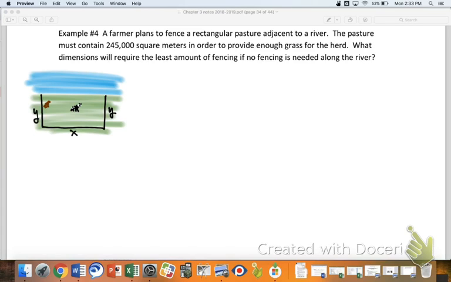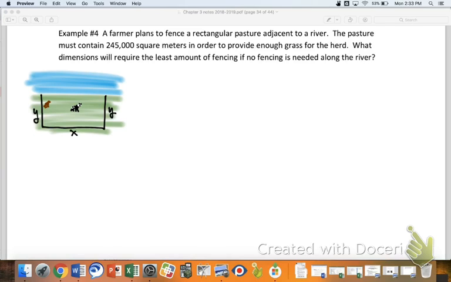But in order for us to match which side is parallel to the river and which side is perpendicular to the river, we do need a picture, a setup, to say X should be this side, Y should be that side, and we can connect our numbers with the appropriate dimensions. Does that make sense? You could set it up however you want. You could call them L's and W's for lengths and widths, Y's and X's, whatever. I like this. I think this makes a lot of sense.